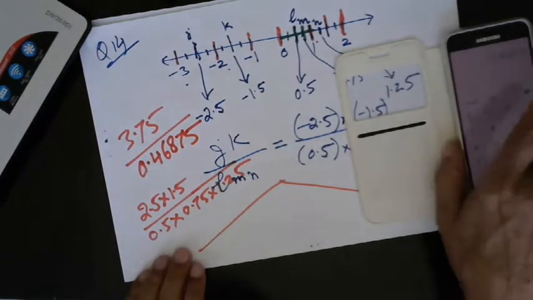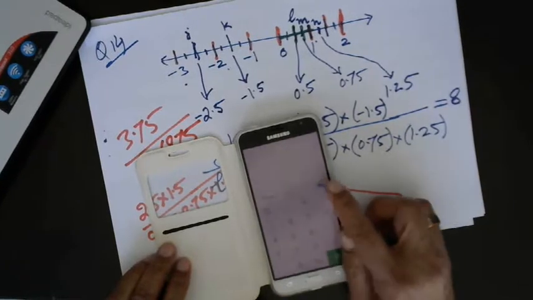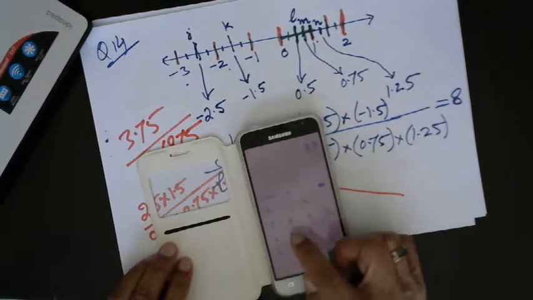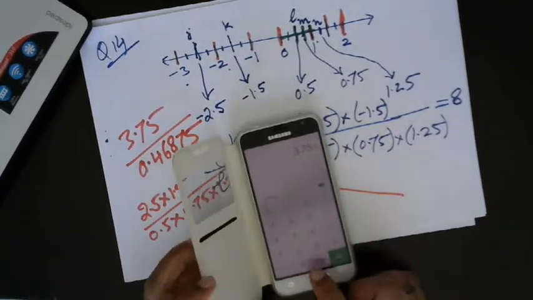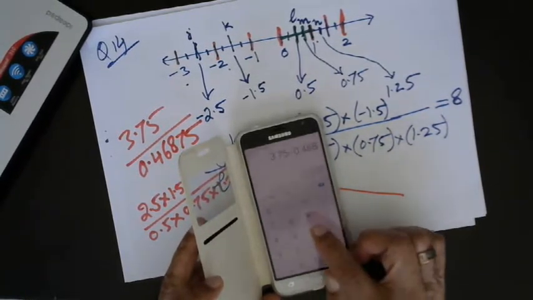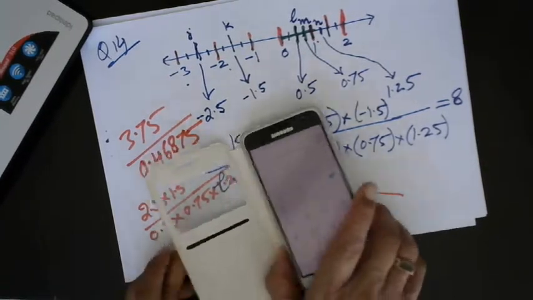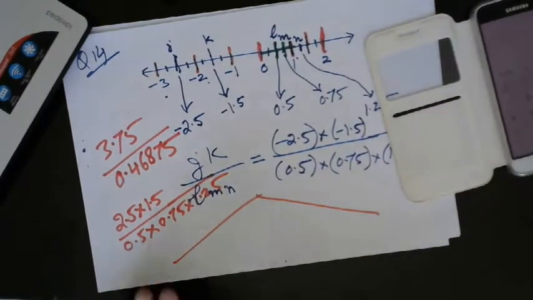So if you divide 3.75 by 0.46875, you will get 8. So the answer is 8.